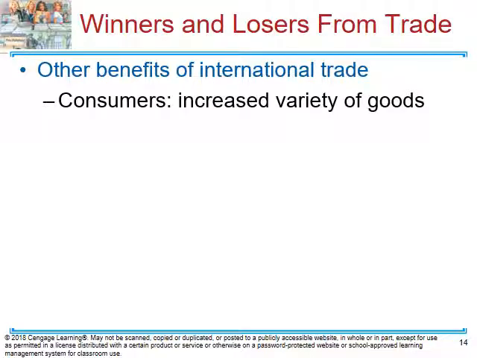But when international trade is allowed, consumers will have different brands and different types of clothes in their markets, so their choices will increase. That's an additional benefit for consumers.